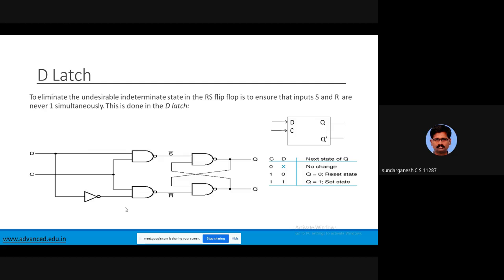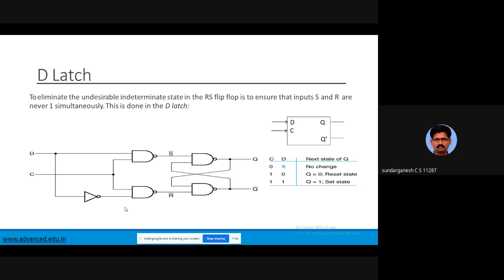So I am explaining in more detail. This is the D input, this is the S input, this is the R input. Okay. So when I give D equal to 0, automatically S is also 0.